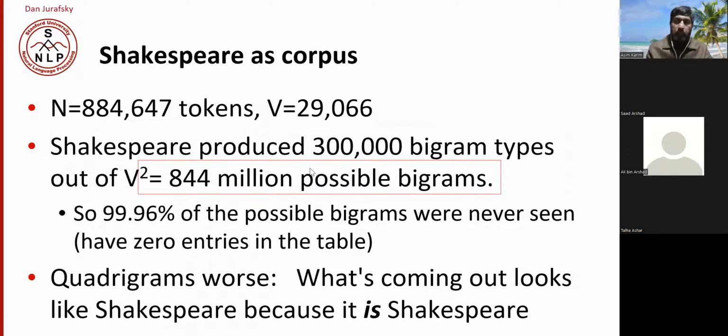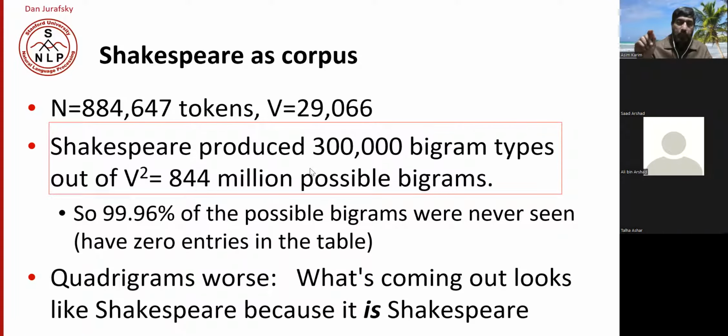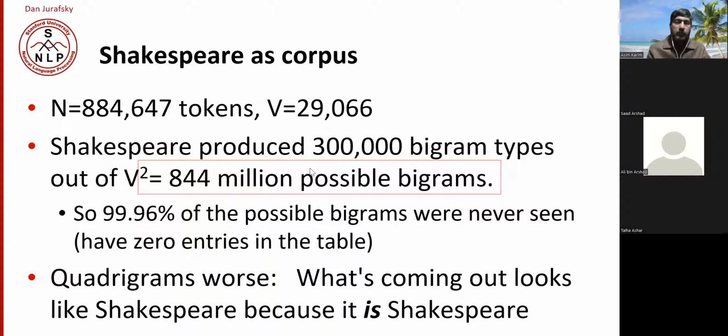But if you look at his writing again, only 300,000 unique bigrams are used by him. But if you look at the 30,000 number, the number of possible unique bigrams is much higher. So the total number of possible bigrams is 2 raised to the power of 30,000, which is going to be a huge number.